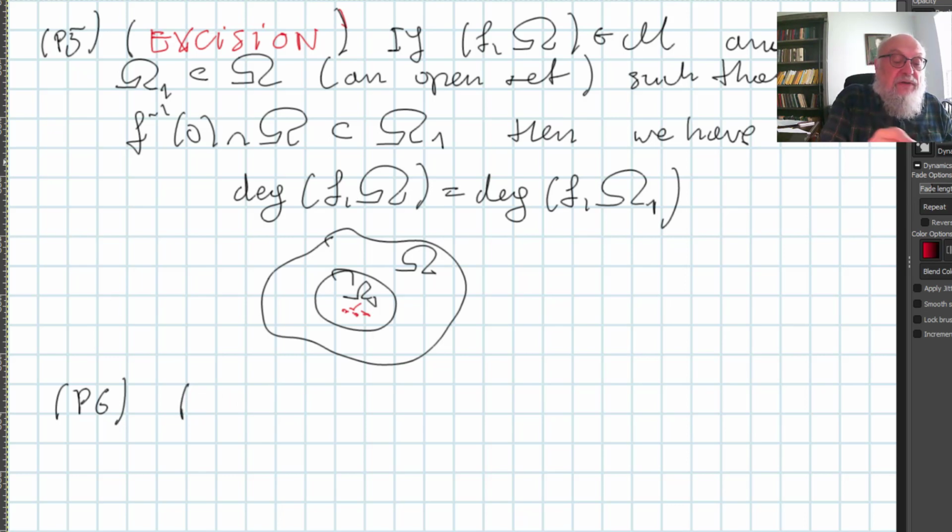It's called the continuity property. I will explain why it is called continuity.